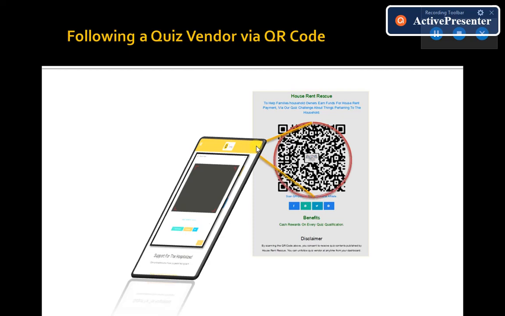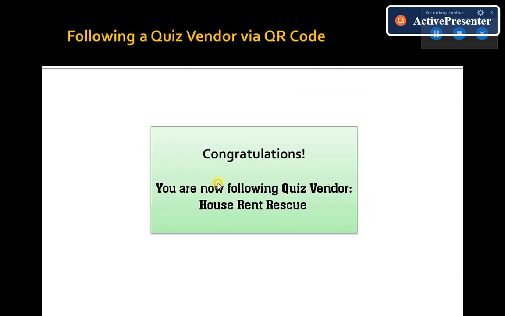By scanning it, the QizArena app is able to pick up the QR code data and then translate it into information that can be processed, and when that is done, you will be automatically connected to the quiz vendor whose QR code you have just scanned.